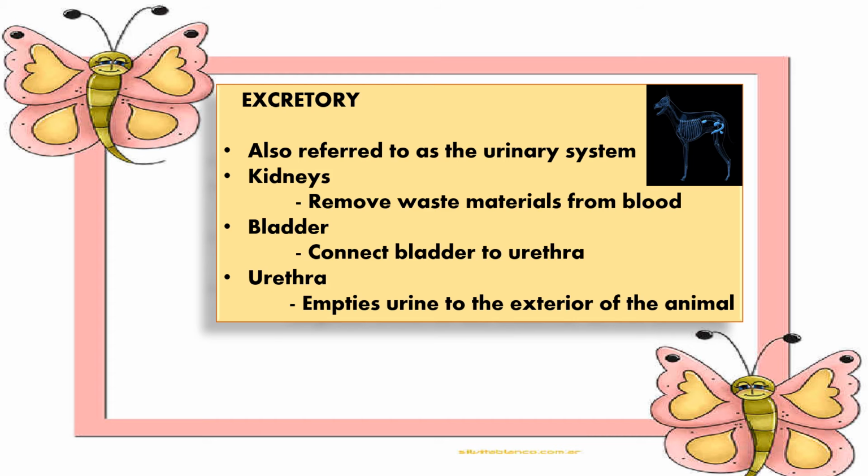Then the bladder connects to the urethra. That is why we urinate. Then the urethra empties urine to the exterior of the animal. So when we say excretory, that is responsible for our urination. Again, this removes waste from the blood and regulates the concentration of body fluids.